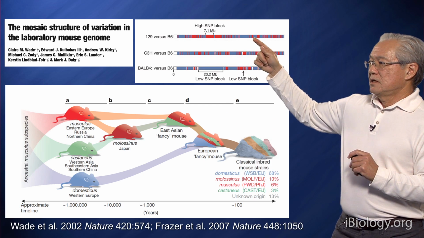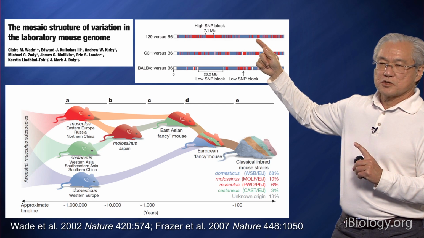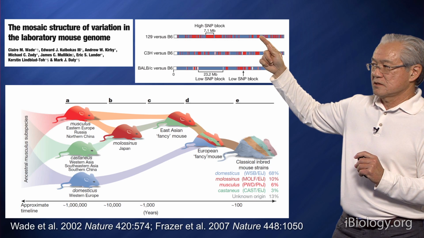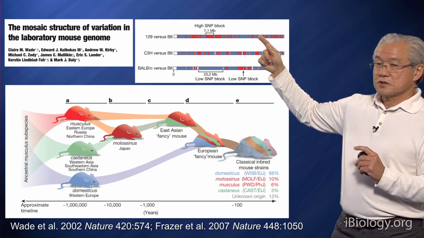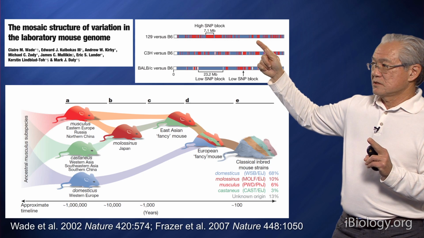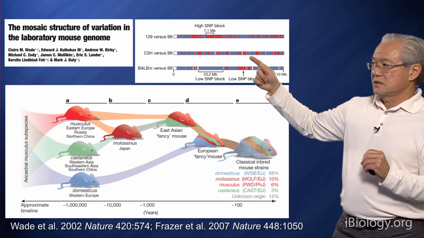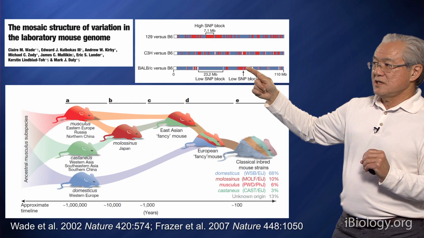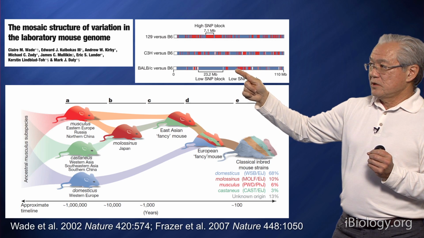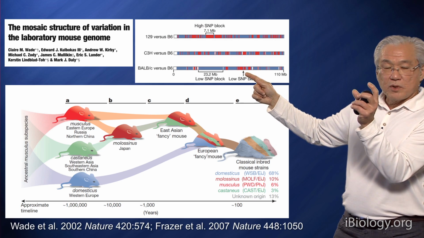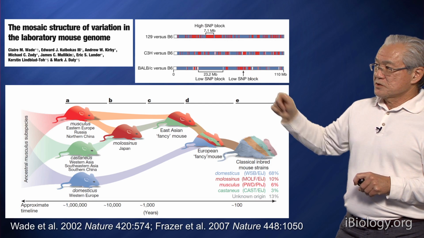And that's indicated in these bars here, where this is a comparison of the strain 129 with black 6. Red shows the differences, and light blue shows the similarities in those two strains. This is another strain comparison, C3H with black 6, and then this is BALB-C with B6, the comparison we've been talking about. And what you can see is that there are little blocks of DNA that are interspersed throughout the genome.